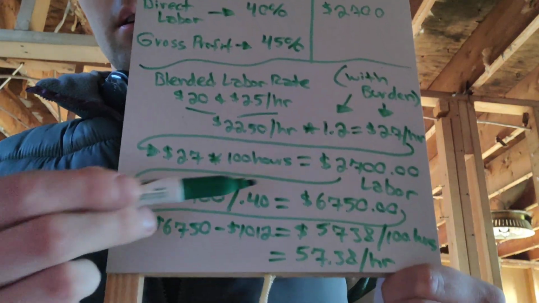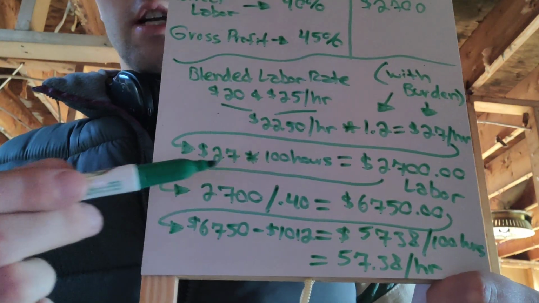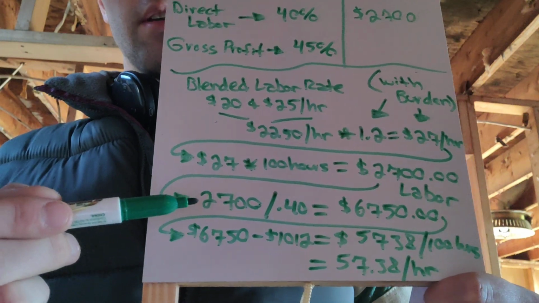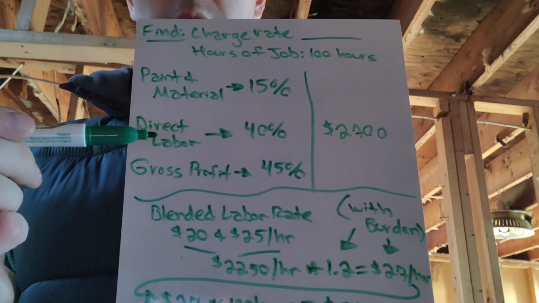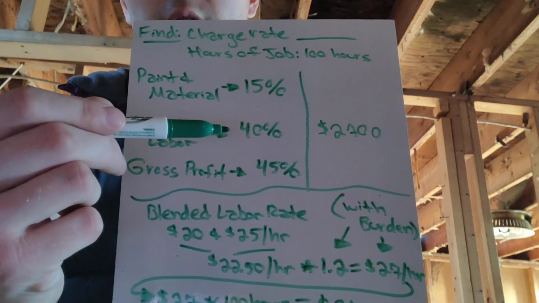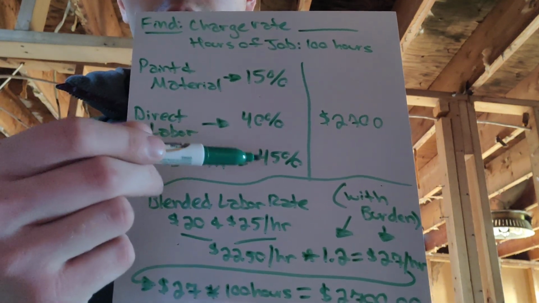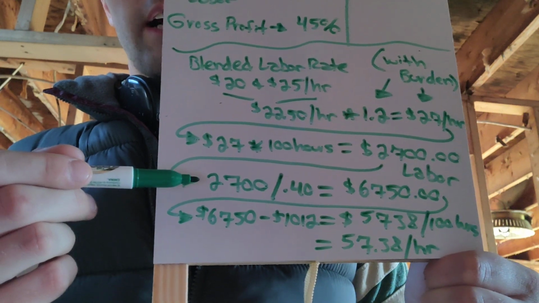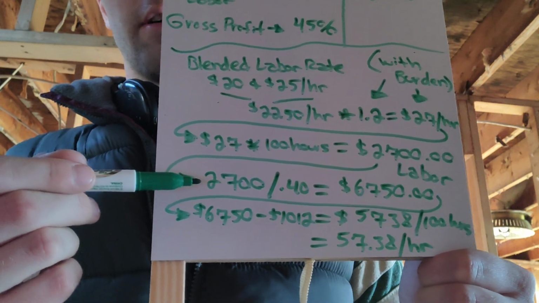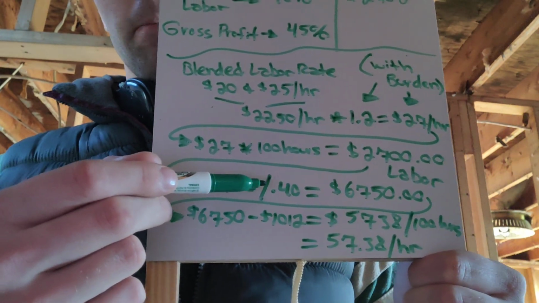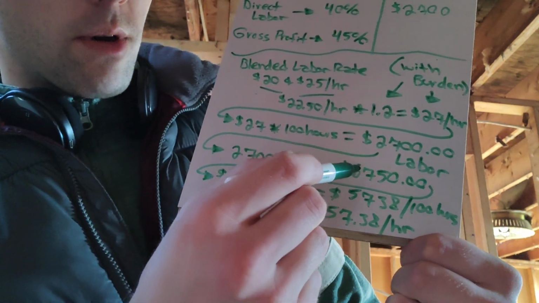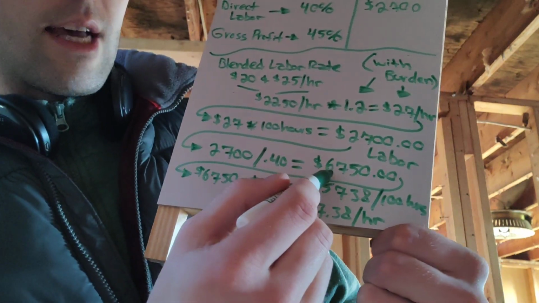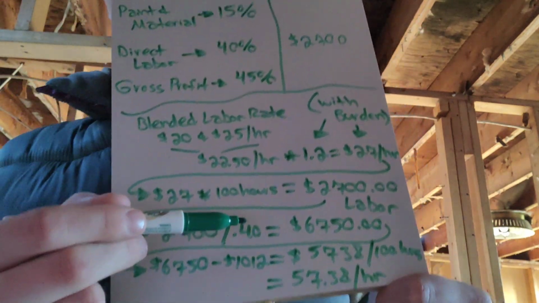So next thing, you can take this number, bring it down here. Since up here it says direct labor is 40%, if you're shooting for 45% gross, what you can do here is divide this direct labor cost of $2,700 by 0.4, and that's going to get you this number right here of $6,750.